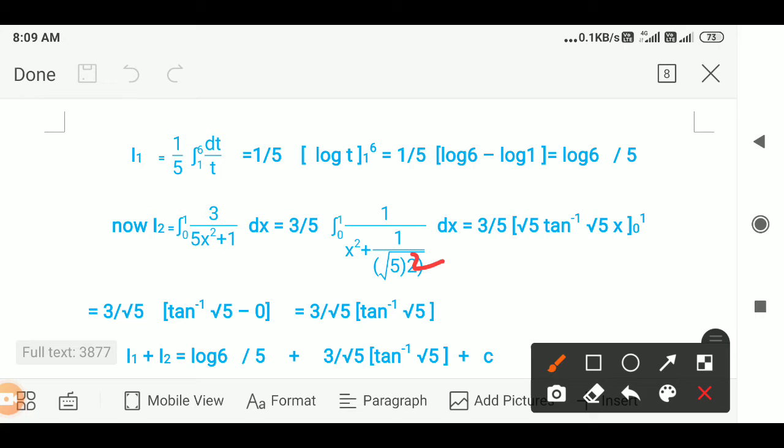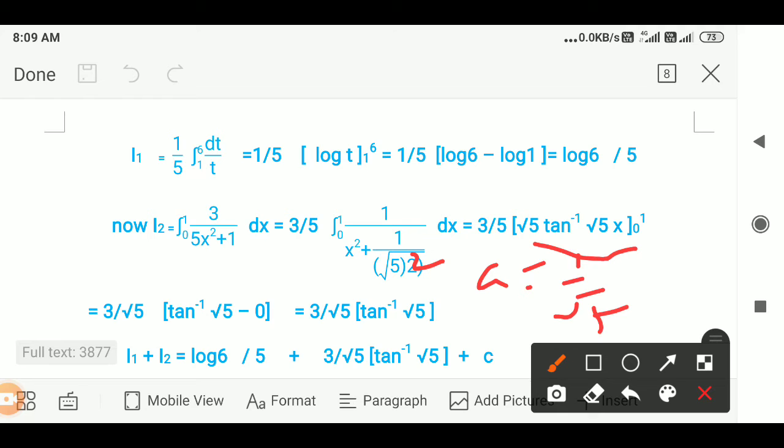This will give you 1 upon a tan inverse x upon a. So a is here 1 upon root 5, and x is x, so 1 upon a tan inverse x upon a. So this will give you root 5 tan inverse root 5x, 0 to 1.